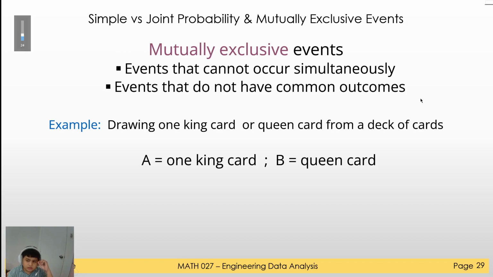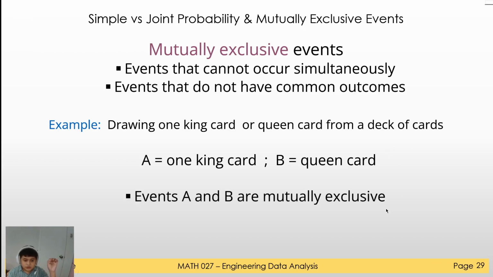These two events are mutually exclusive, since you cannot pick a queen card that is also a king card. It could only either be a king card or not a king card, and one of the not-king cards will be a queen card. So they are mutually exclusive.